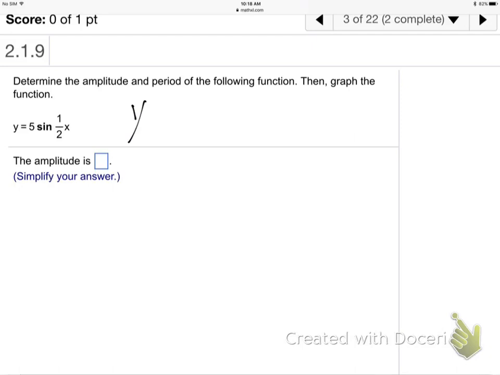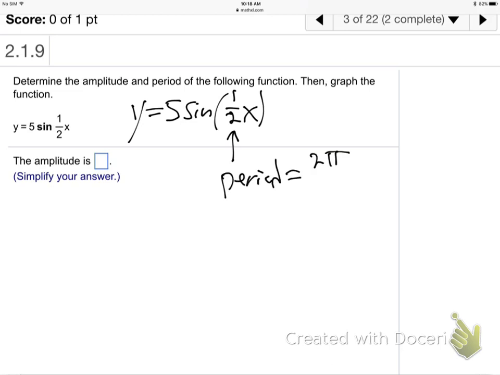Okay, y equals 5 sine a half x. When you start putting numbers in here, multiplied, it's going to change the period of the function. So the period is 2 pi over, let's call it w, where w is the number next to x.